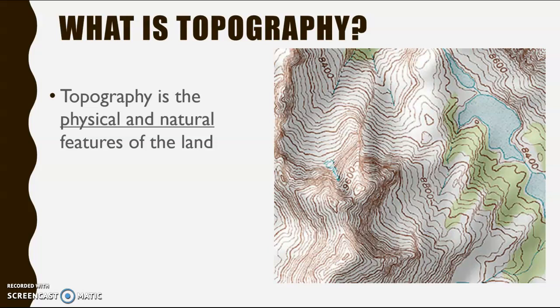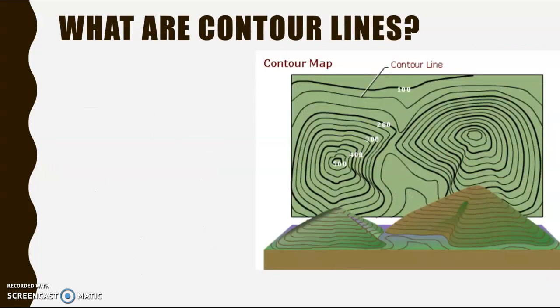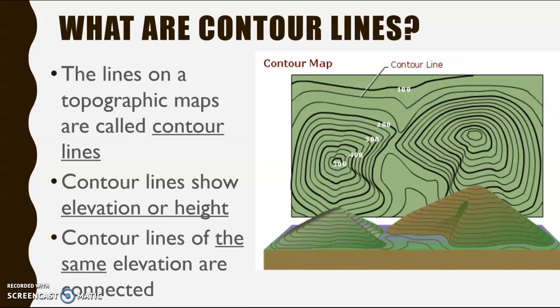Topography is the physical and natural features of the land. A topographic map shows natural features such as elevation and man-made features such as schools. Contour lines are the lines that show elevation or height. If two things are on the same contour line, they're at the same elevation.